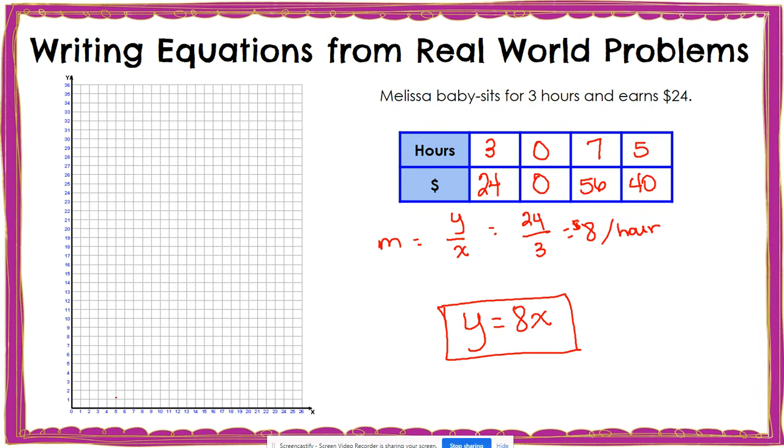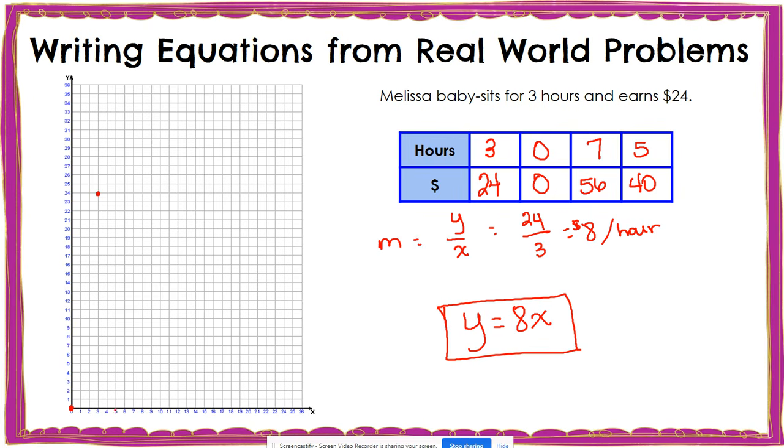Now I can take all of this and graph it. I know that I have a point here at the origin because if Melissa doesn't babysit, she doesn't earn money. I also know that for 3 hours, she earns $24. So I can go from 3 up to 24. Then I know that 7 hours is $56, but that goes off my graph, so I can't really put that here.